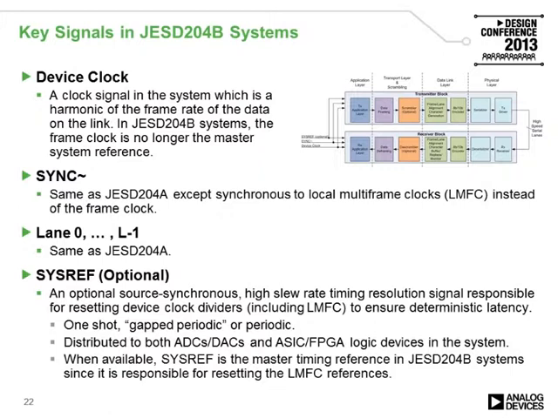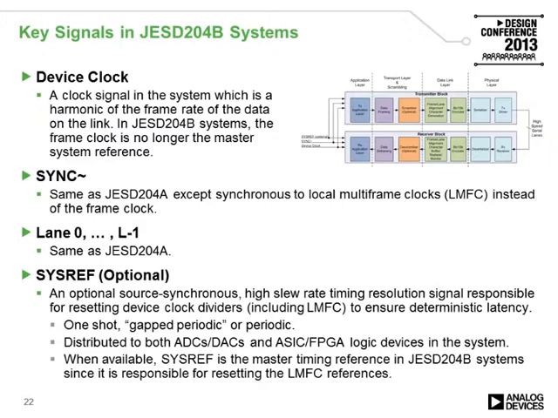In a JESD204B system, the SYNC~ signal is again present, but in this case the signal is synchronous to the local multiframe clock, or LMFC, instead of the frame clock as in JESD204A. Lanes are assigned just as they are in JESD204A, from lane 0 to L-1. An optional signal called SYSREF is a source synchronous high slew rate timing resolution signal that can be used for resetting the device clock dividers, including the LMFC.